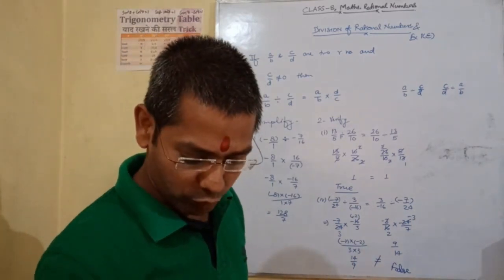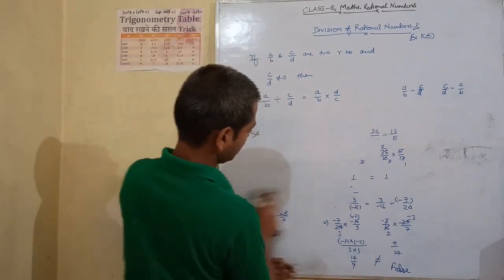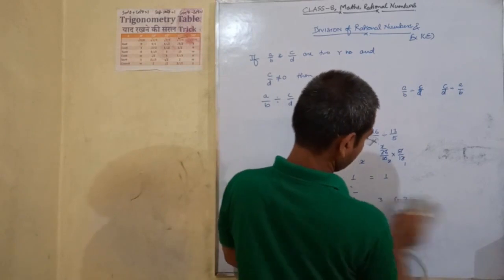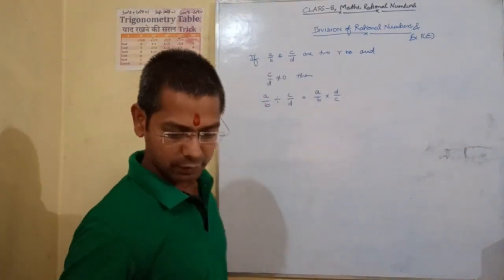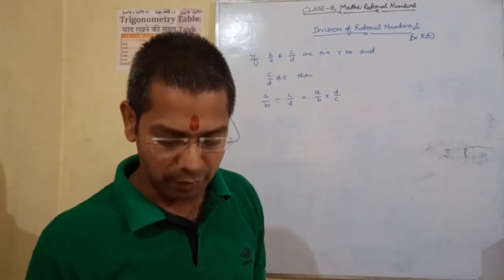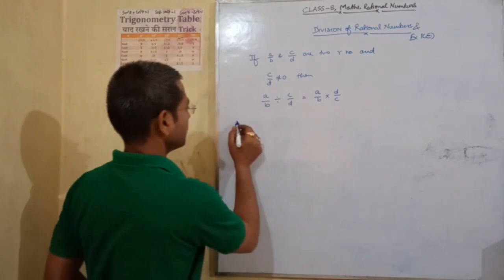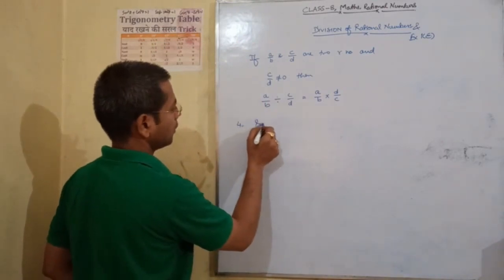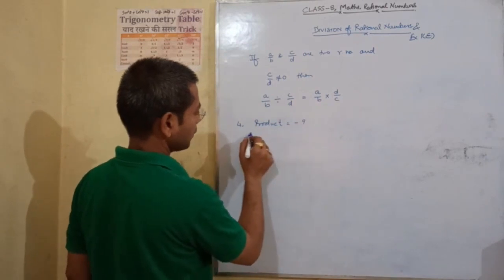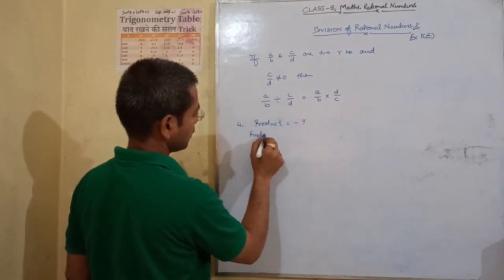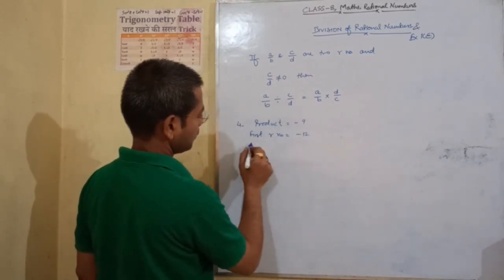Come to the next question, 4. The fourth problem tells us the product of two rational numbers is minus 9 and one of the numbers is minus 12. Product is equal to minus 9. First rational number is minus 12.